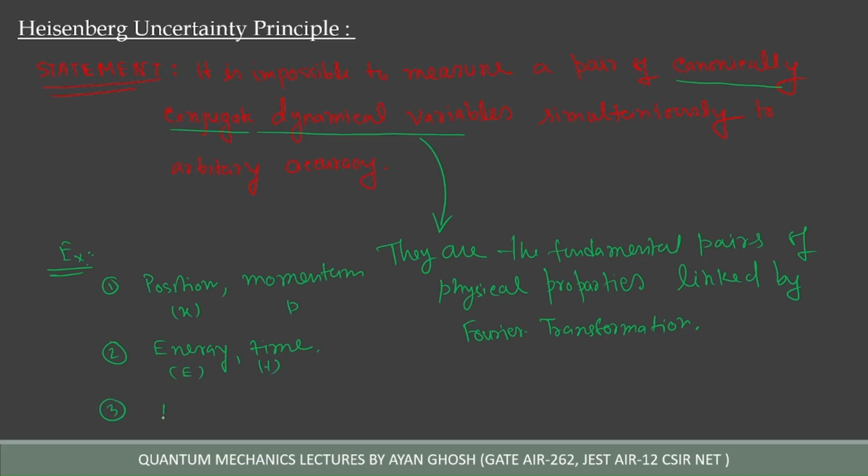Also, there is angular position theta and angular momentum L. So it just tells that if there is an uncertainty, then you cannot measure them simultaneously if they are canonically conjugate variables.